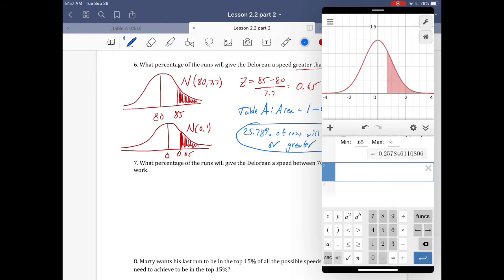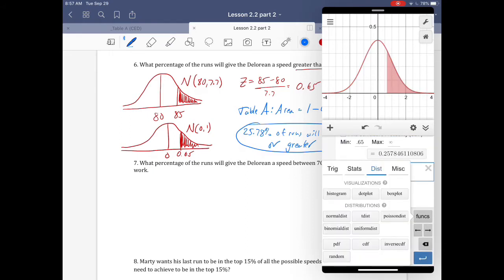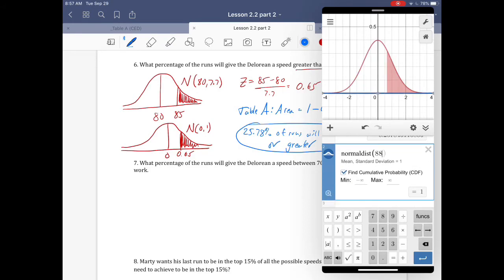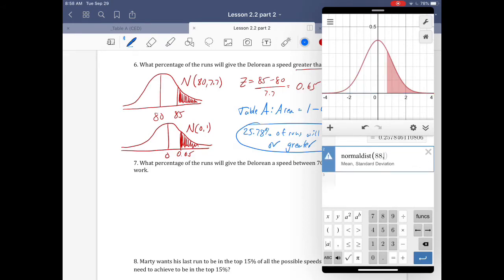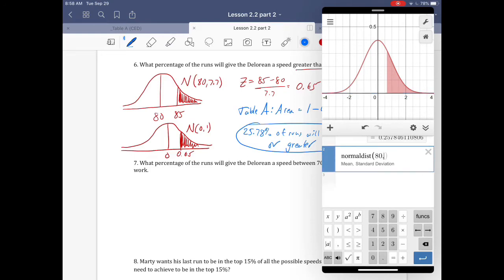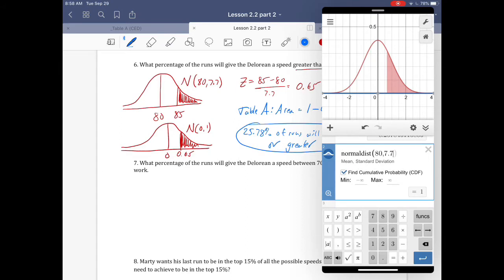You can also do normal distribution, but instead of doing 0 and 1, we can do 80, comma, 7.7, and we can choose 85 for our minimum and infinity for our max.